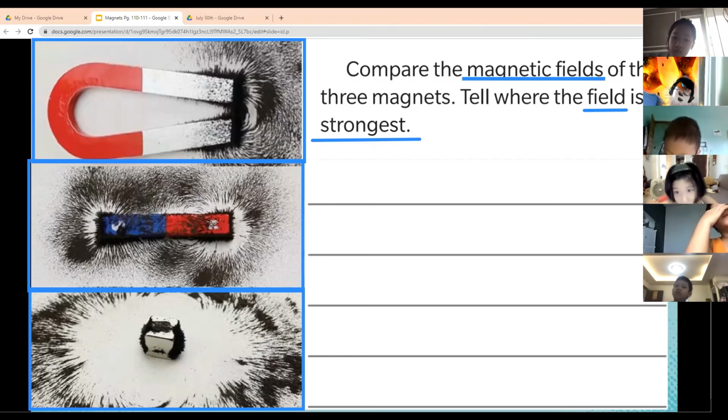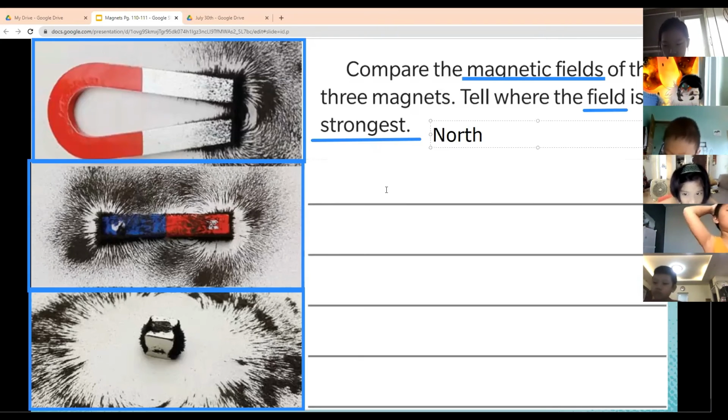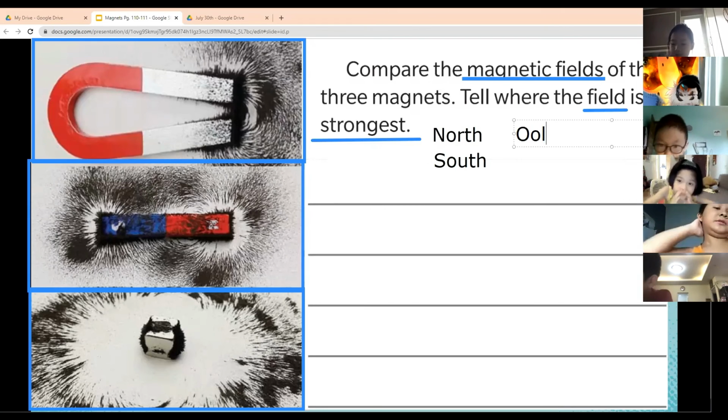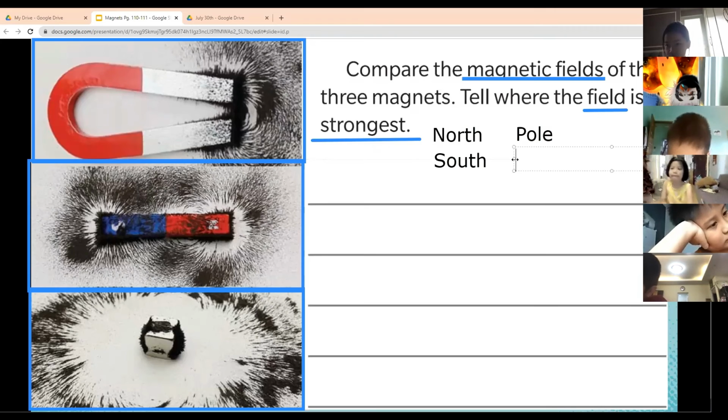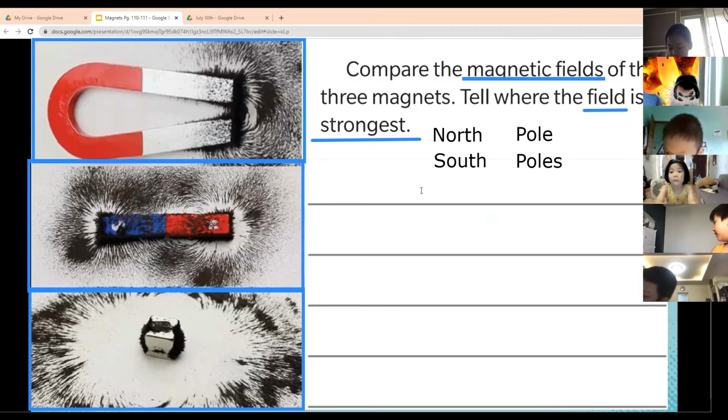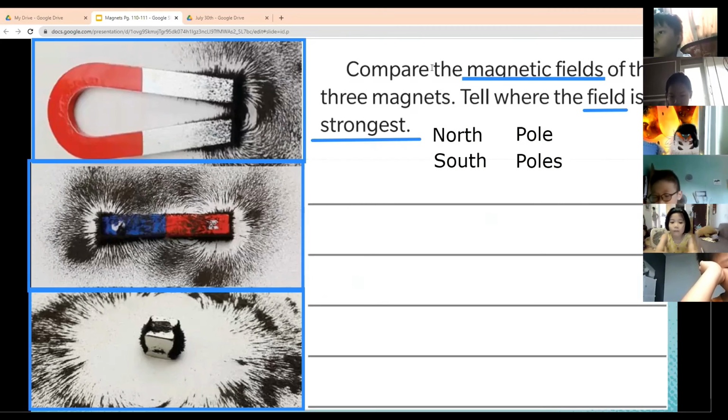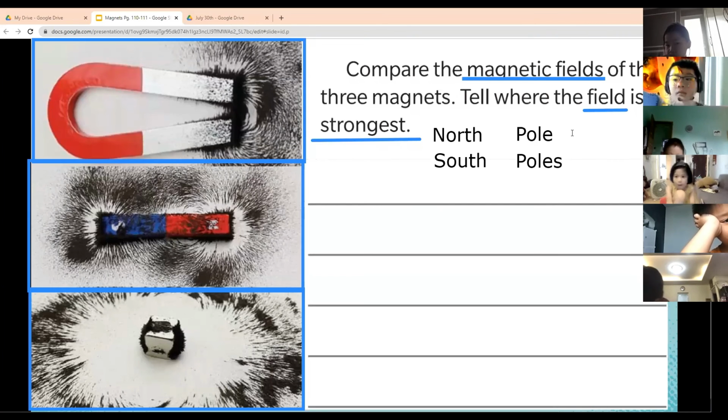So these are some vocab words you guys can use to help you out. If you need north, you have north, south, you have pole or poles if you want plural. You have magnetic field, which is already underlined. You might also want iron filings.